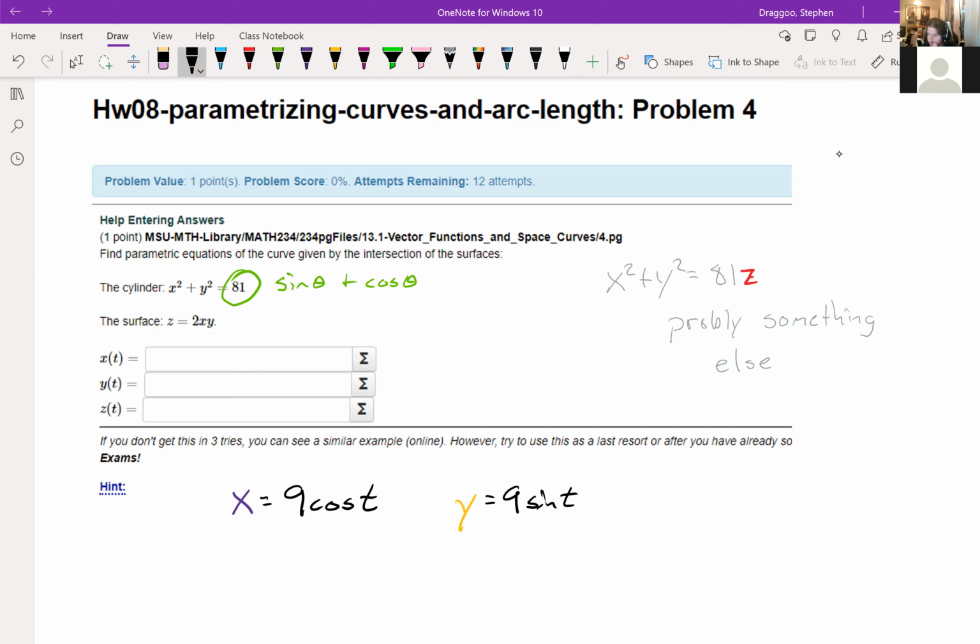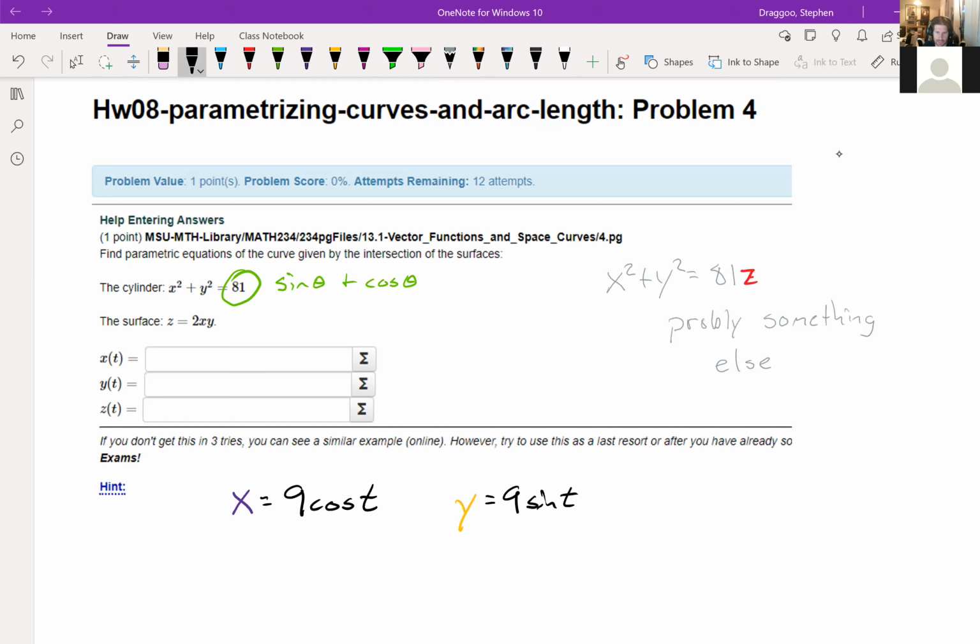Now I can switch those up if I want to. I could have x be sine and y be cosine. It doesn't actually matter. The traditional way we usually do it, if we go back to polar coordinates or the unit circle, usually x is cosine and y is sine. But that definitely gets funky when we start adding z in, because then what do you do if it's y and z or x and z, right?